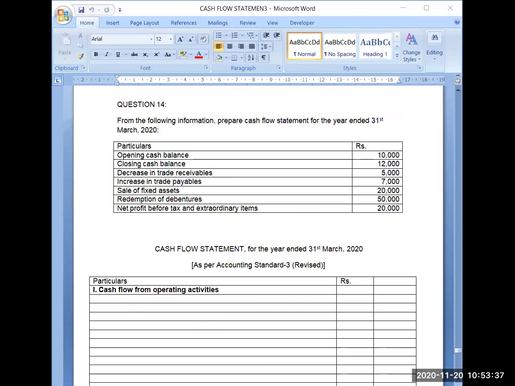Sale of fixed assets is actually investing activity information. Then redemption of debentures, which is basically a financing activity transaction. Net profit before tax and extraordinary items, this we need in the beginning. From here we will start the question.